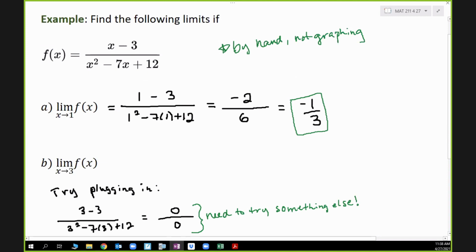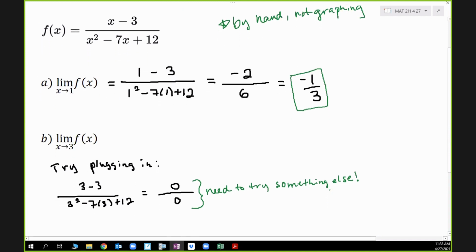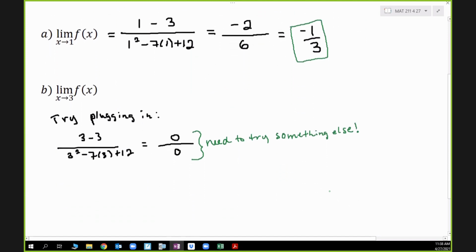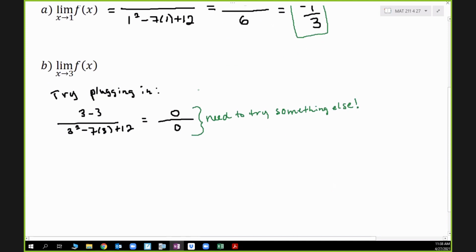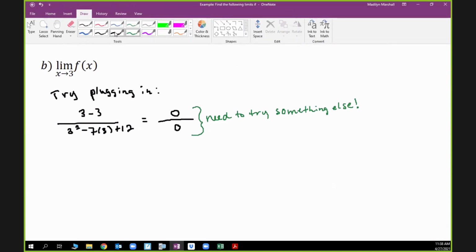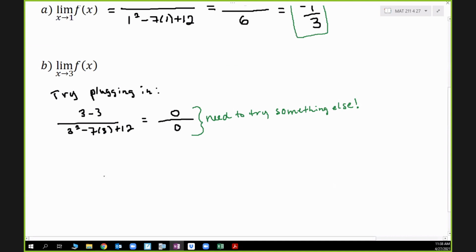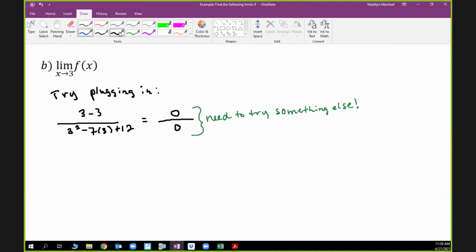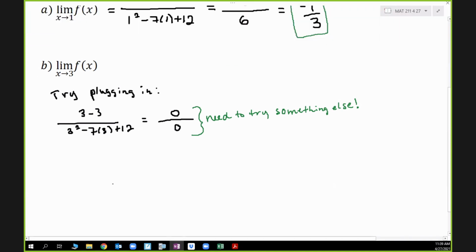So this, we actually, throughout the term, did 2 ways of dealing with this. One is an algebraic way and one is a calculus way. Is this the L'Hopital? Yeah. Yes, that will work. So since it's a 0 over 0, this is an indeterminate form.